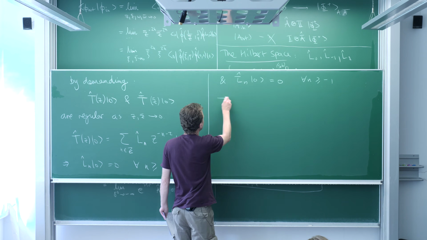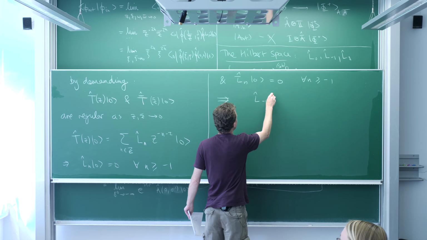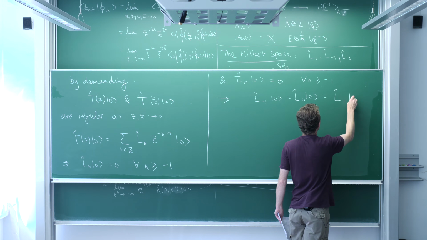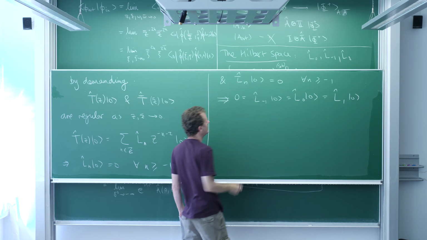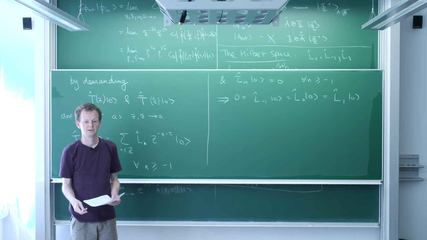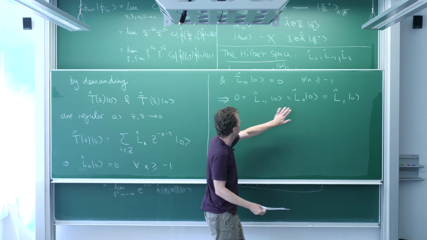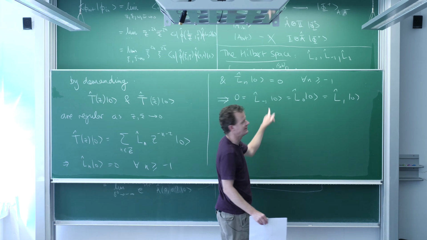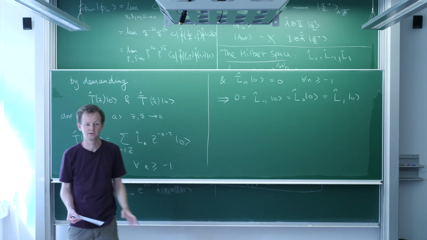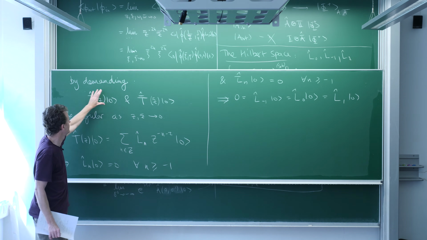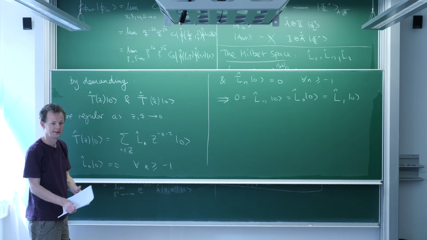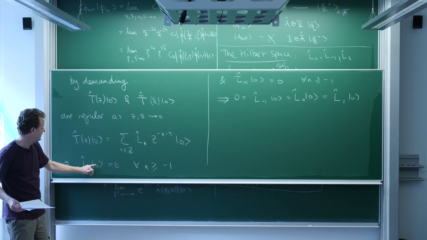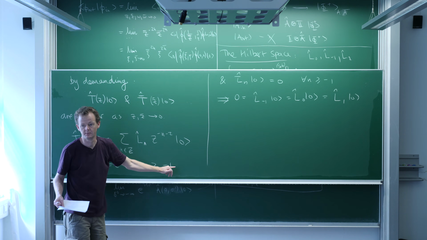So firstly, a corollary is that L minus 1, L naught and L1 all annihilate the ground state, which means in particular that if you exponentiate these generators to find the action of a global conformal transformation, it leaves the vacuum invariant. So the ground state is indeed invariant under global conformal transformations. That just comes from demanding that these in states here are well defined. But we also gain more conditions, namely that L hat n on the vacuum equals 0 for all n bigger than -1.